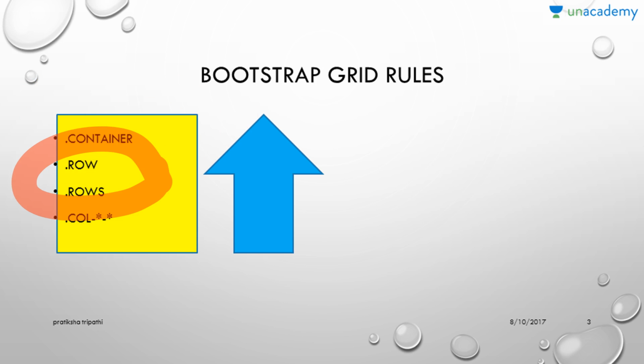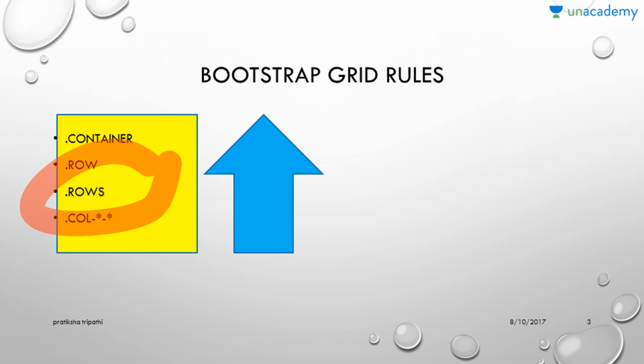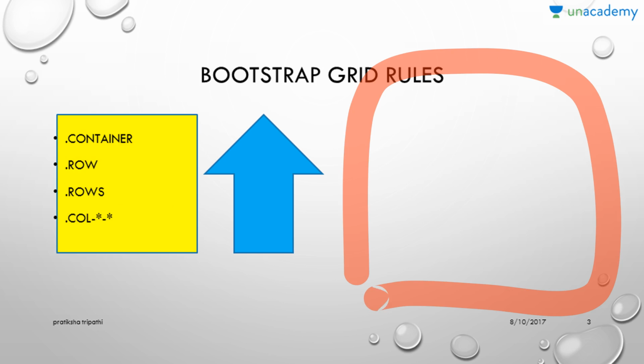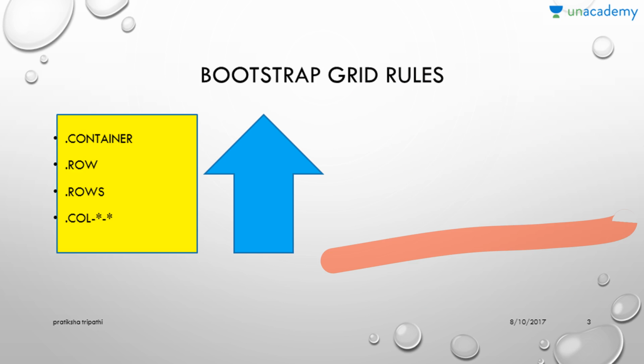Then .row: predefined classes like .row are available for making grid layouts. So whenever you make a grid layout, this will be there by default. The .row means the padding is offset in rows for the first and last column. For example, you make a table. Now this is one row created, so there will be a space between the first and second row.